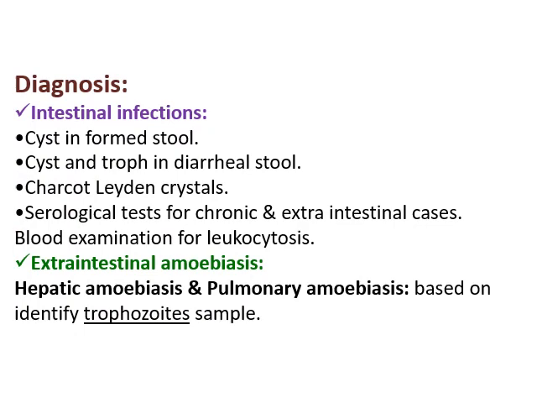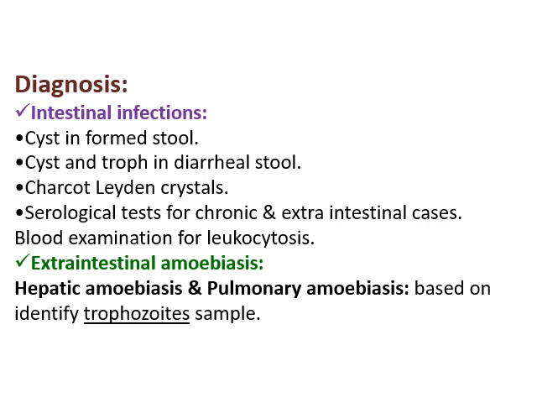Diagnosis, as we see: in intestinal infection, cysts are found in formed stool, and cysts and trophozoites in diarrheal stool. We have Charcot-Leyden crystals like helminth infection. Serological tests are used for chronic and extra-intestinal cases, and blood examination for leukocytosis.